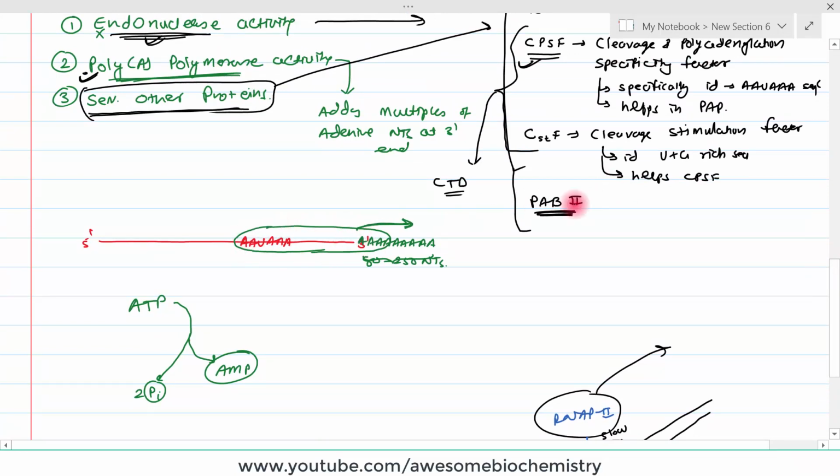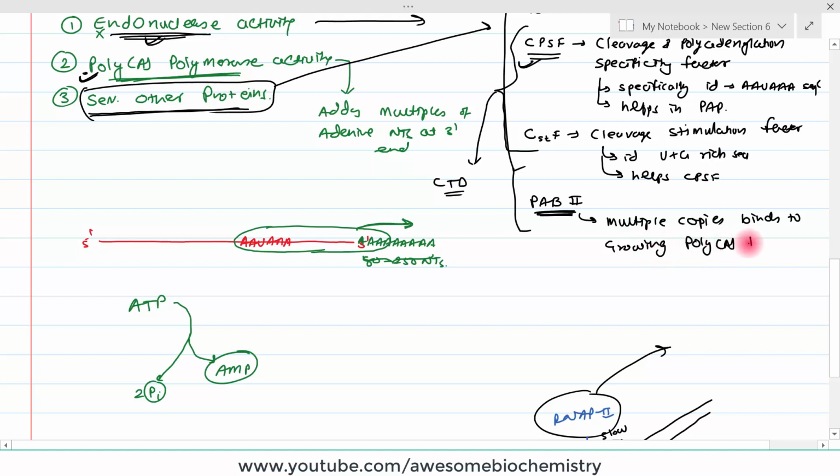The function of this poly A binding protein 2 is that it binds multiple copies of this PAB2 protein to a poly A tail, multiple copies bind to the growing poly A tail.